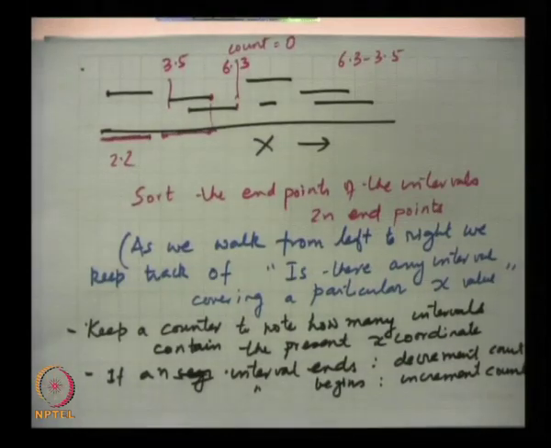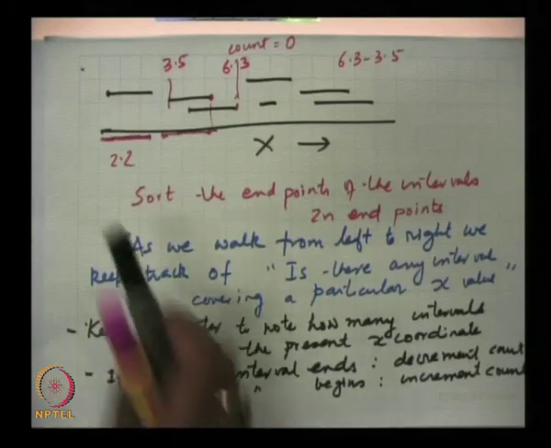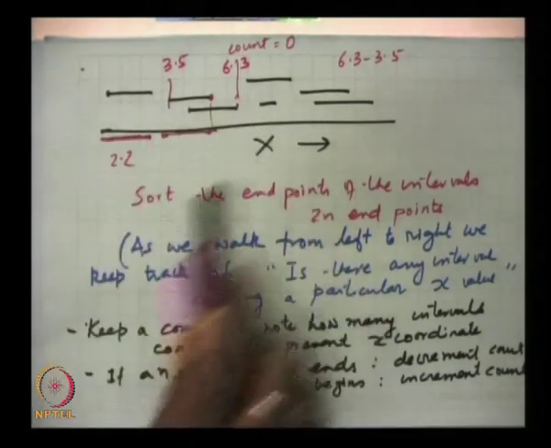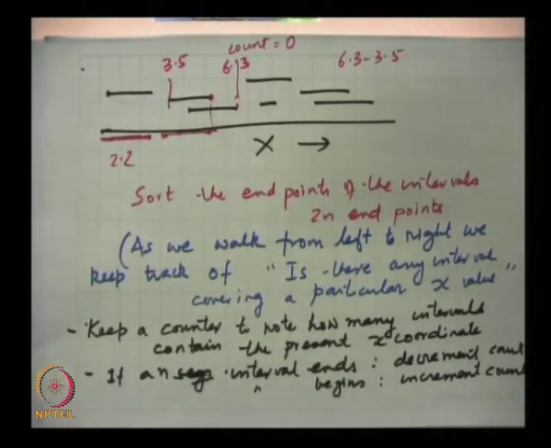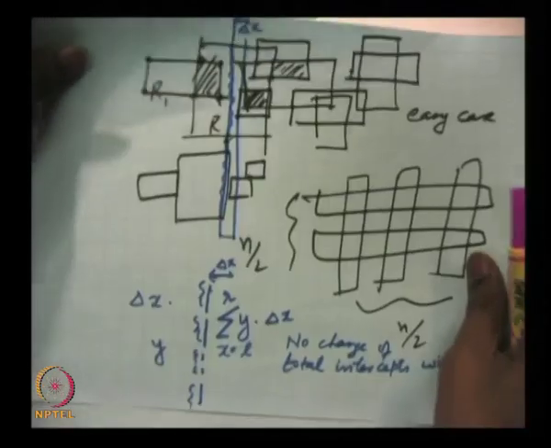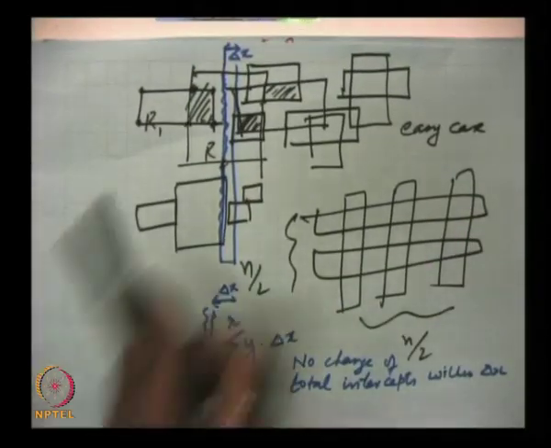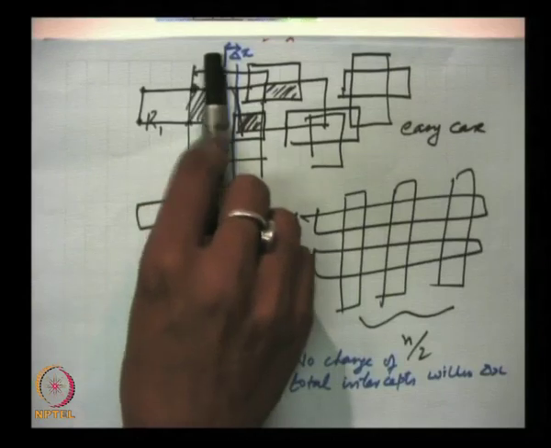And then we put these things together. Let me go back to the original problem. In the original problem, we are sweeping a vertical line.